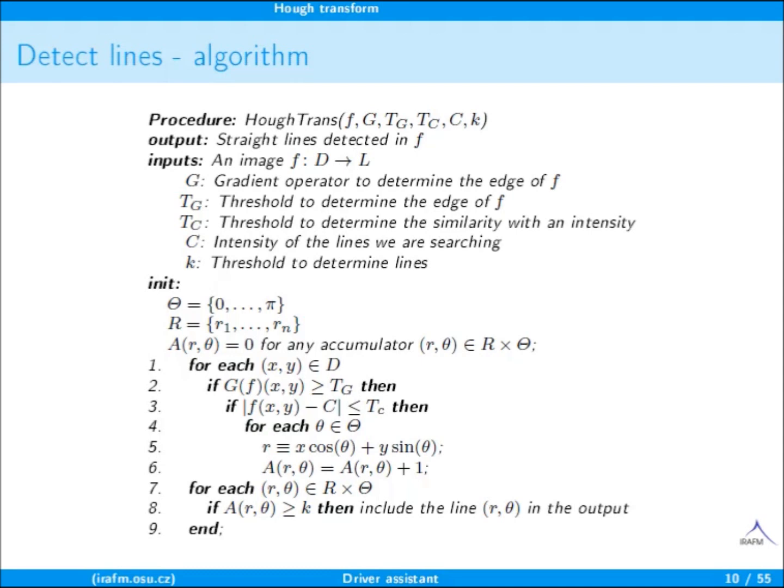In the fourth step, we will browse all combinations of phi, and in the fifth step, we will compute r for the given phi and pixel coordinates. The computed r is used in the sixth step, where the so-called accumulator value for the particular combination of r and phi is incremented. After processing all pixels in the image, we will browse all accumulators in the seventh step. The eighth step evaluates particular combinations, and if some accumulator value is higher than a threshold, we found a line that we can paint into the image.